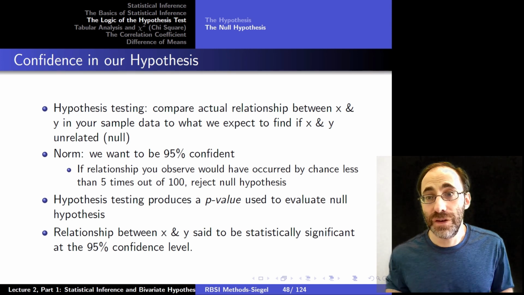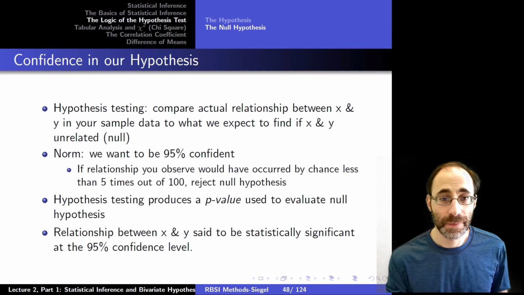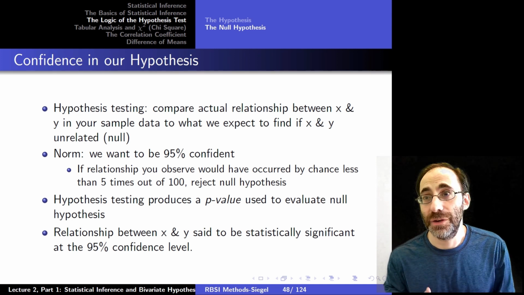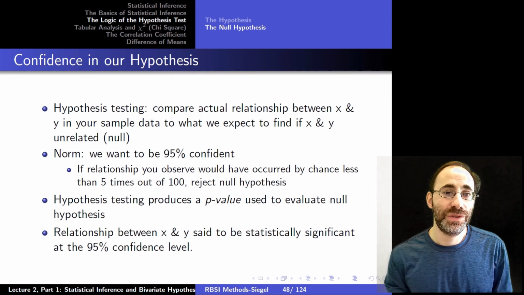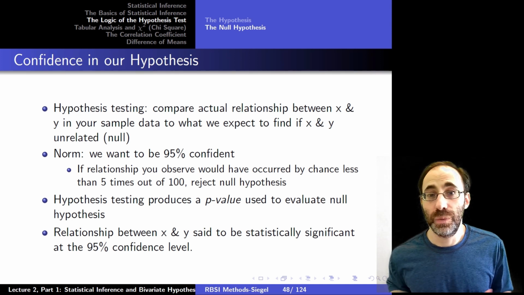If you have a p-value over 0.05, you do not say this. You might fail to reject the null completely. Occasionally, you will say, oh, well, I might be able to reject the null at the 90% confidence level, but that is a weaker standard.